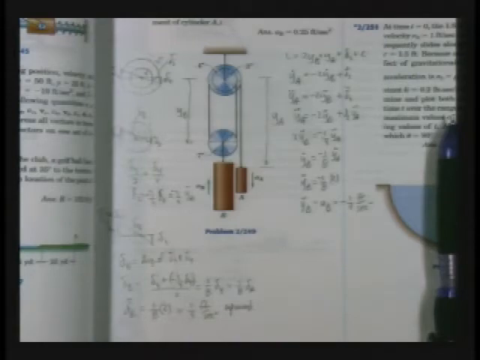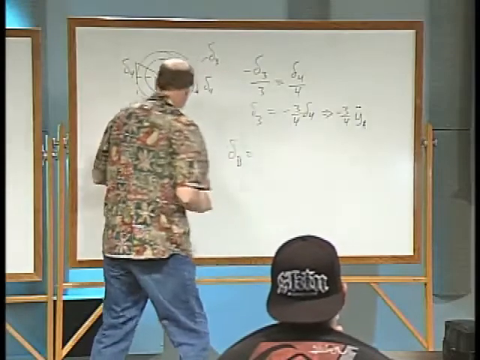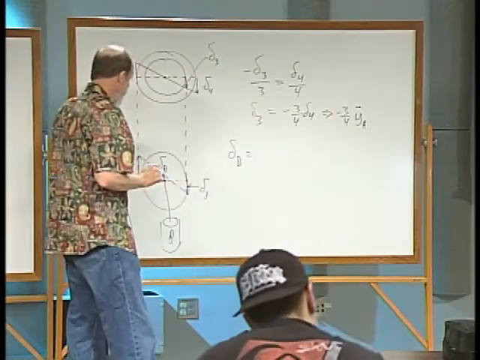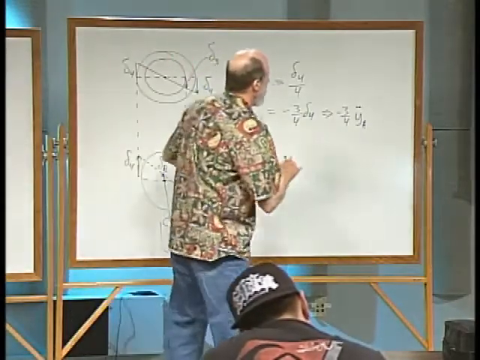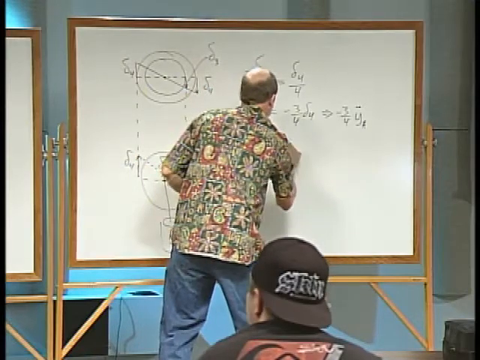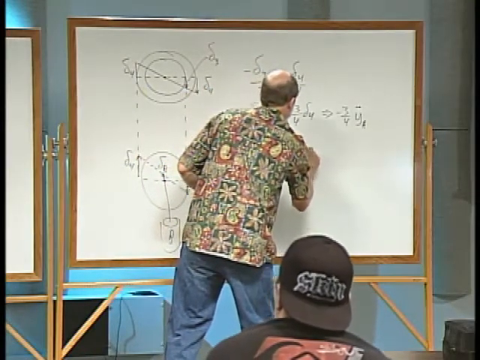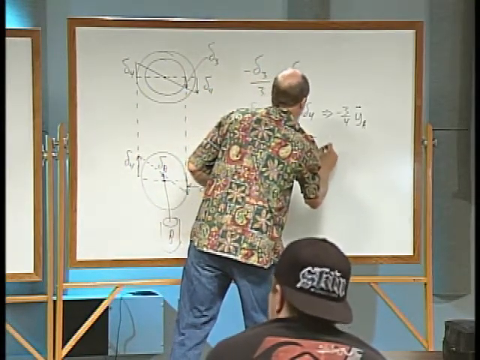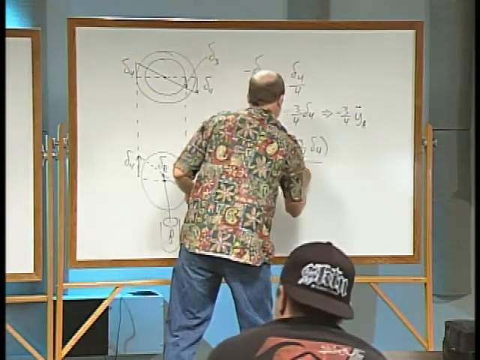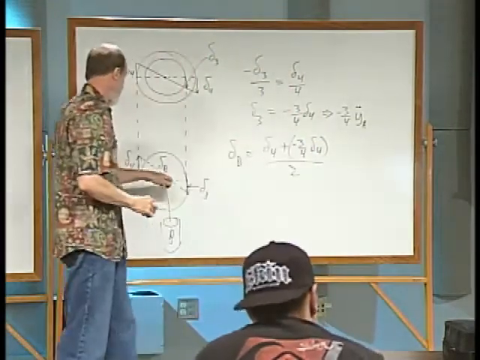Here's the analysis on the lower pulley. And so this delta B is equal to, in the middle here, the average of these readings. And I write that as delta 4 plus the negative 3/4 of delta 4, over 2, the average of those two.